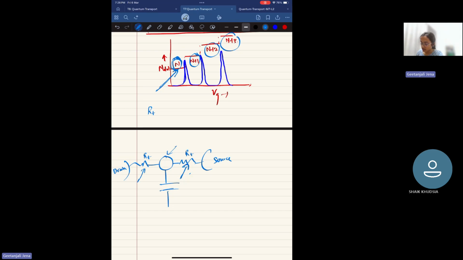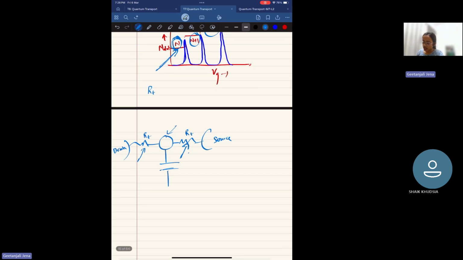So this is the tunnel junction between the source and the dot and the dot and the drain. So this R_T should be greater than h by e square. So for this high resistance, the tunneling of electron from the source to drain won't happen quite easily. It will happen only when it satisfies some condition, which we say the Coulomb blockade condition.